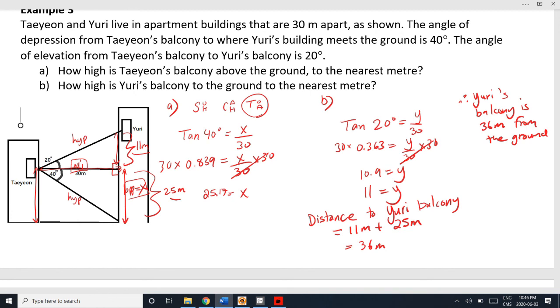Taeyeon's balcony is 25 meters from the ground. So let's fill that in here. And there we have both our solutions.